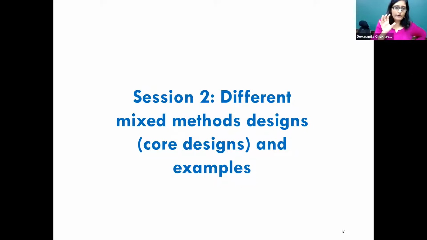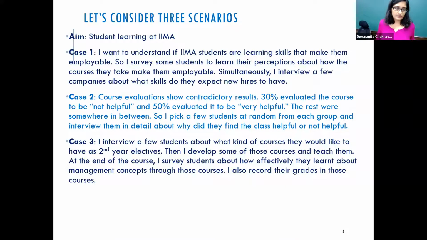So this is good enough for a 1 hour or 50-minute understanding of mixed method. Now we'll come to the mixing part, where the mixing is actually happening. What I'll do is I'll give you 3 cases. These are not mixed method research. These are analogies that will help you understand mixed methods better. So I'll read out the 3 situations, okay?